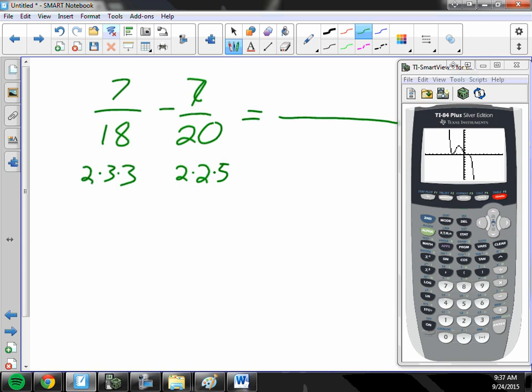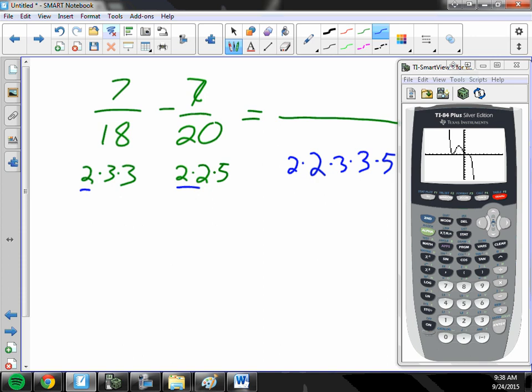So I look here, we have a single 2 there and a double there, so the common denominator has to have at least 2 times 2. What else does it have to have? At least 2 3's, 3 times 3, and 5. Now, I can put in extra stuff if I want, but that extra stuff will simplify in the end, so it's not worth it.